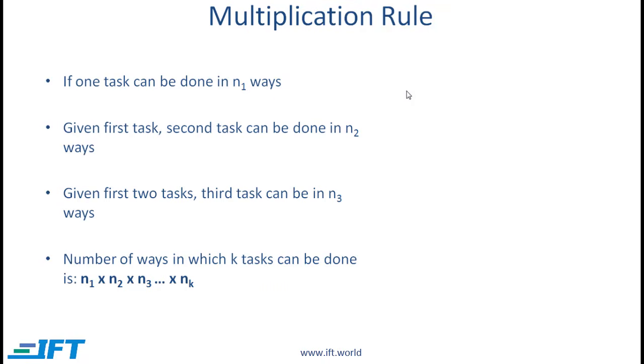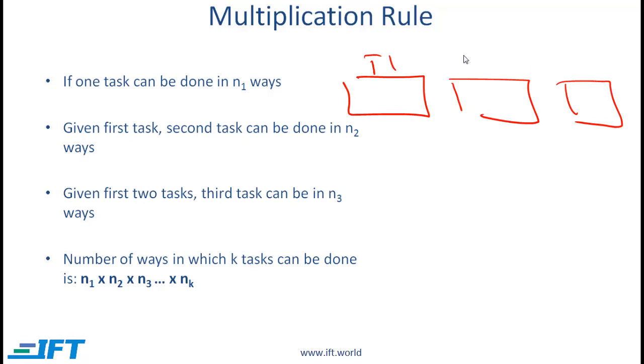Let's say that you have a process that consists of 3 different tasks: task 1, task 2, and task 3. Let us say that the first task can be done in 4 different ways. Once you've done the first task, the second task can be done in 2 ways. And once you've done the second task, the third task can also be done in 2 different ways.